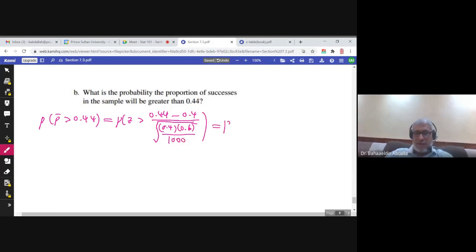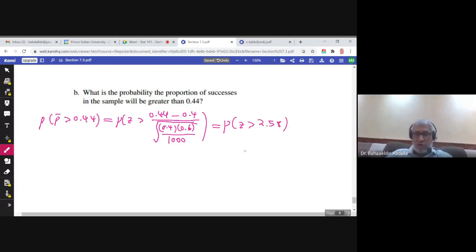We calculate this and we write the answer. So 0.44 minus 0.4 over the square root of 0.4 times 0.6 over 1,000. The answer is 2.58.